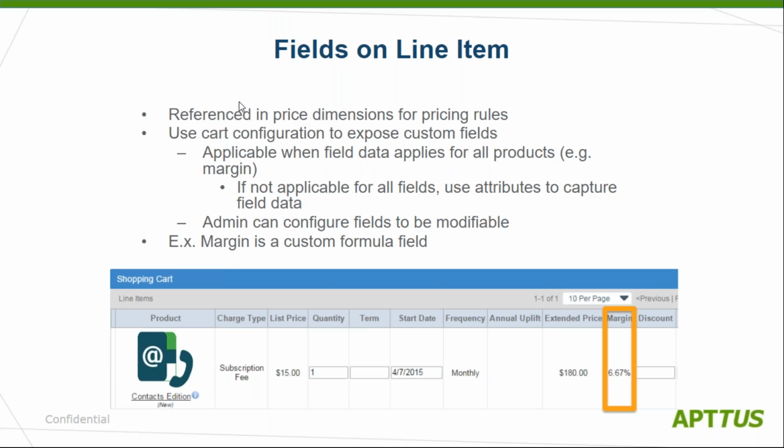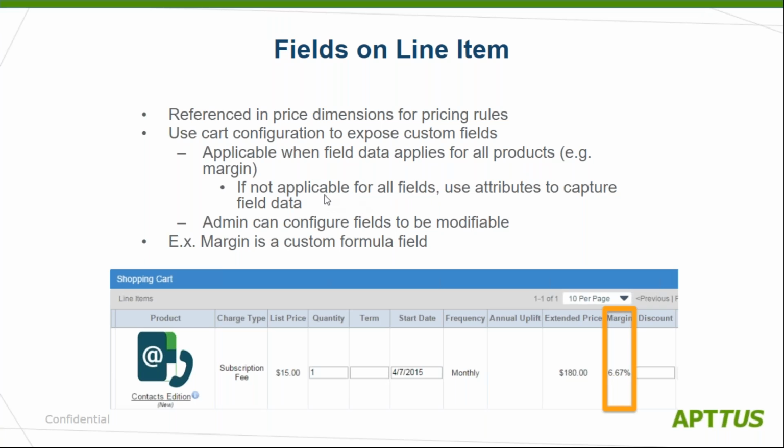When we create fields on the line item, we can reference them in the price dimensions for pricing rules. We can use the cart configuration to expose those custom fields, applicable when the field data applies for all products. If not applicable for all products, use attributes to capture field data.